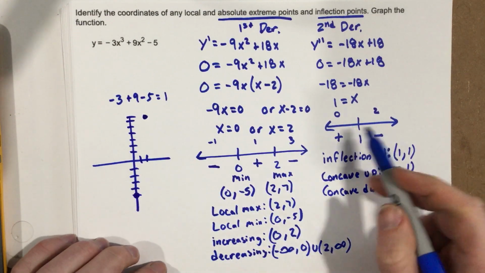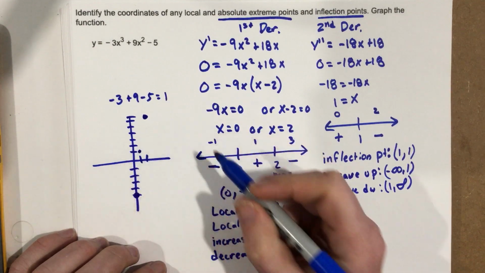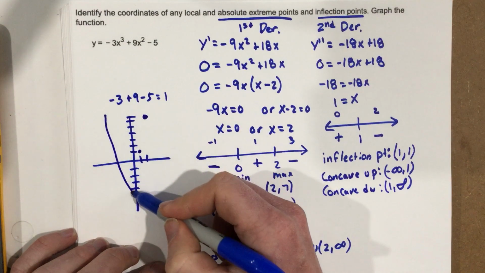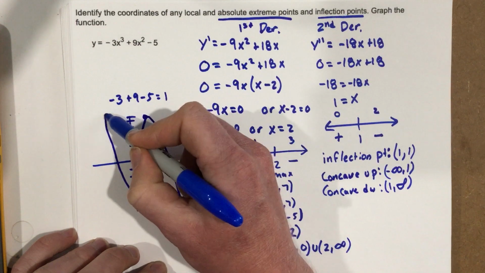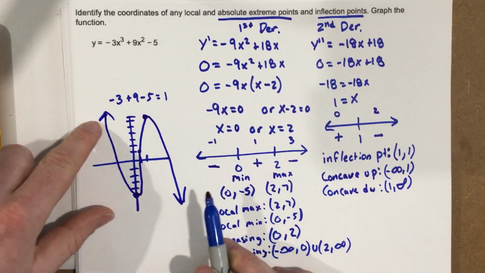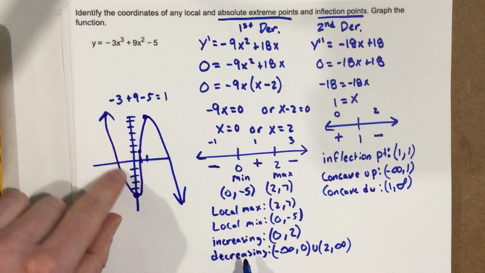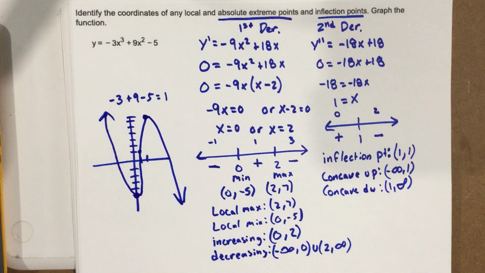Our inflection point is at 1, 1, which is right there. And so this function should look like this. Because of our negative, we're decreasing right here, then increasing, then decreasing, just like we wrote down there. And those are the solutions to this problem.